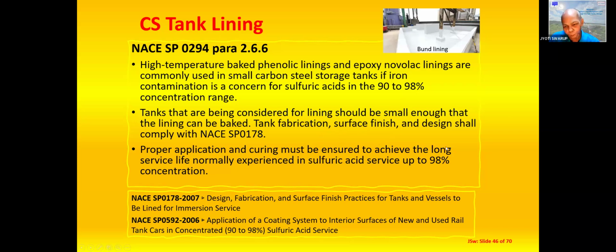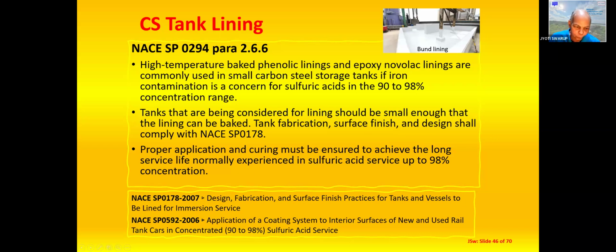Tank fabrication, surface finish and design shall comply with NACE SP0178, which is the code for lining of tanks. That is why carbon steel tanks are usually not utilized for small sizes. We use HDPE or PVC or FRP tanks, because if purity is a problem, then HDPE tanks will probably be a better solution than a carbon steel lined tank.